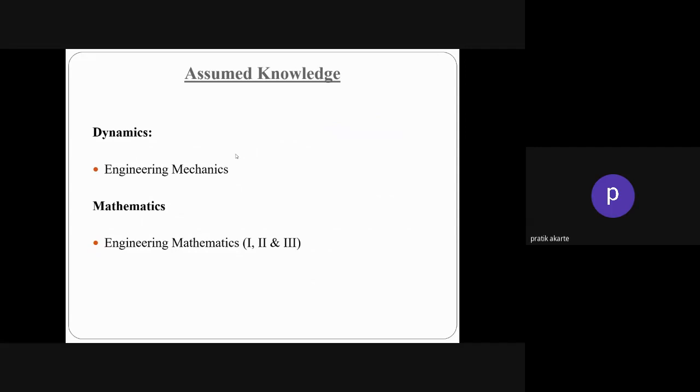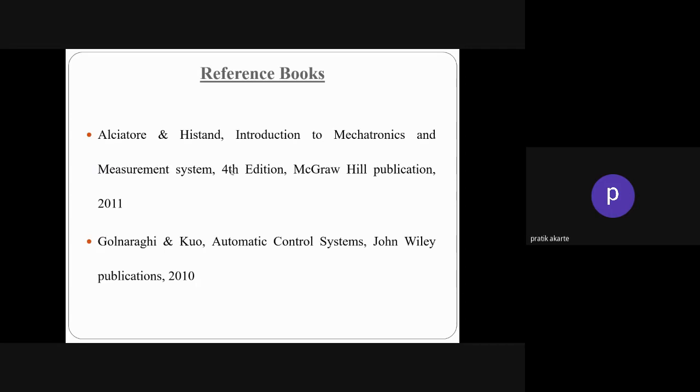The assumed knowledge, the prerequisite for this, is engineering mechanics, somewhat you know, and engineering mathematics 1, 2, 3. If you have basic knowledge of Laplace transform, the fundamentals of Laplace transform, then it will be easy for you to gain the knowledge. These are the reference books.